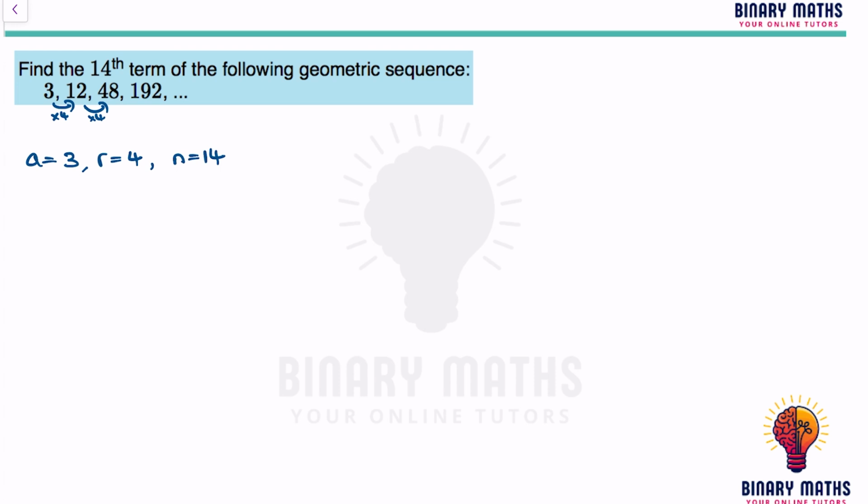Then the formula we're using is UN is equal to AR to the power of n minus 1. So U14 will be equal to 3 times 4 to the power of 14 take away 1, which is 3 times 4 to the power of 13. We put this into the calculator, we get 201,326,592.